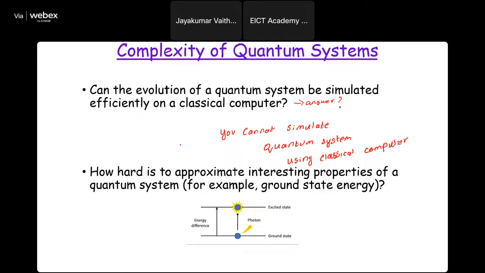So you can ask this question. There are so many quantum simulators. Take an example of IBM Qiskit, where you can simulate these quantum systems up to 30 qubits. Beyond 30 qubits, you are not able to simulate. Suppose in future they build a very powerful supercomputer, you are still not able to do over 50 qubits, forever.